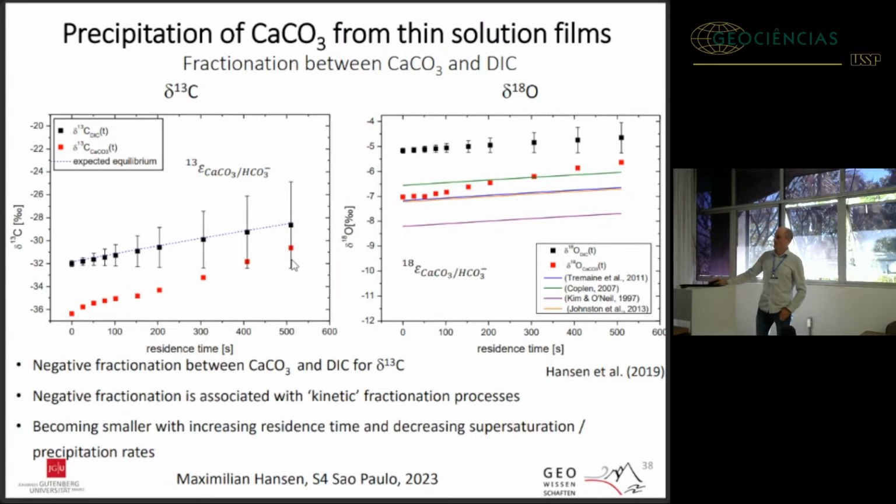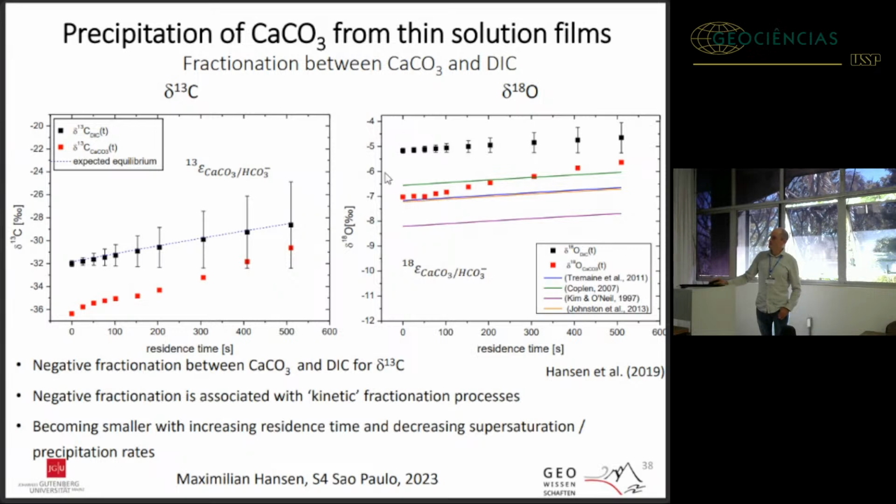Yes. Okay. And you can do the same for the oxygen isotopes. And for the oxygen isotopes, it was the other way around. So the initial value was quite in agreement with fractionation factors which were determined in cave systems actually. That is the work of Tremaine et al. 2011.